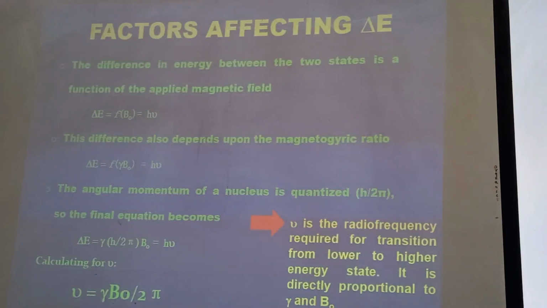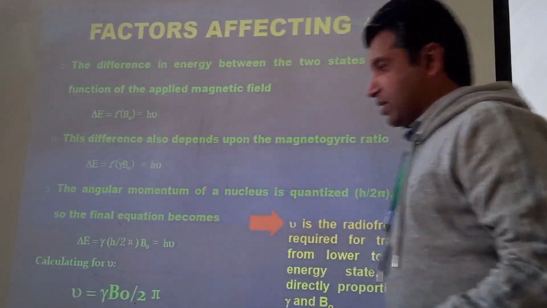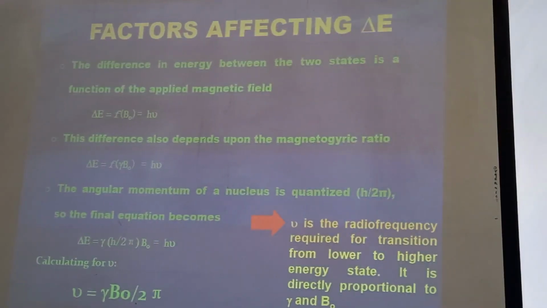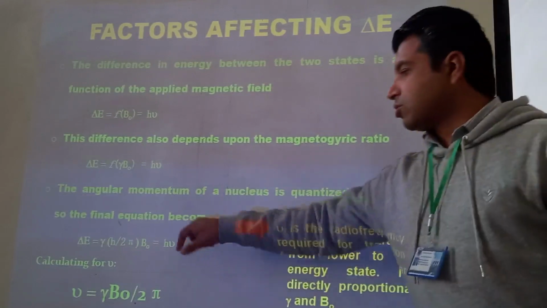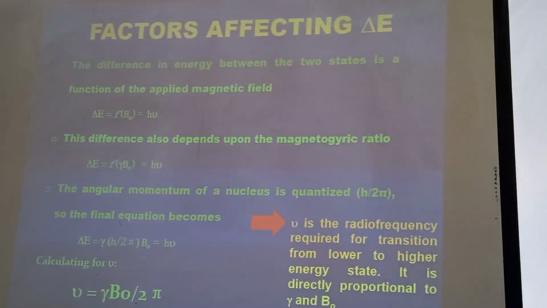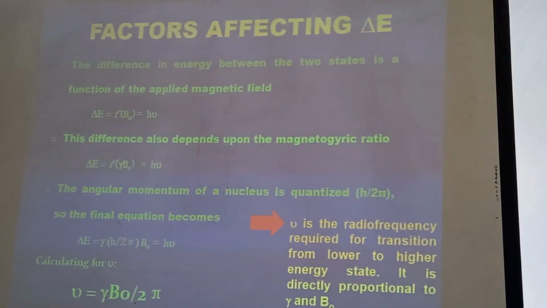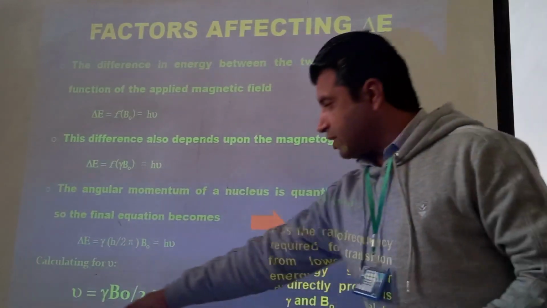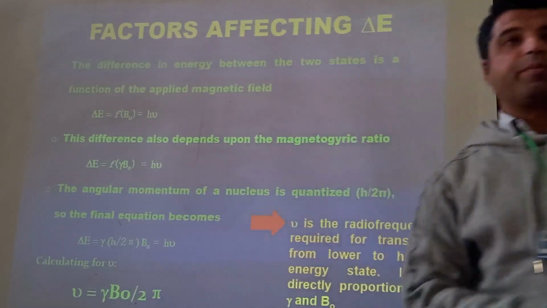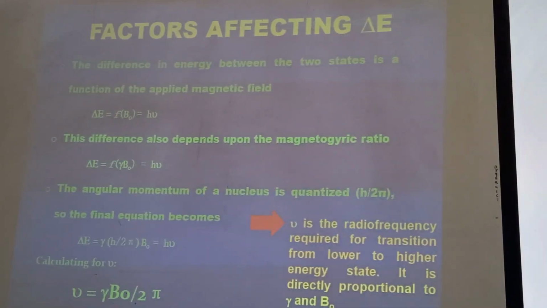So the final equation that we have is del E is equal to the gyromagnetic ratio multiplied by h by 2 pi into B naught, which is also equal to h nu. Now if you rearrange the equation for nu, that is the radio frequency, we come up with this equation, that is gamma B naught divided by 2 pi. Now what does this mean?